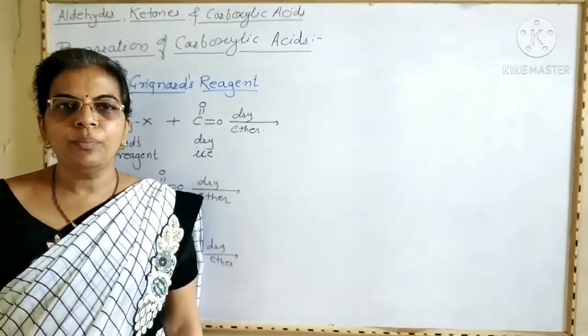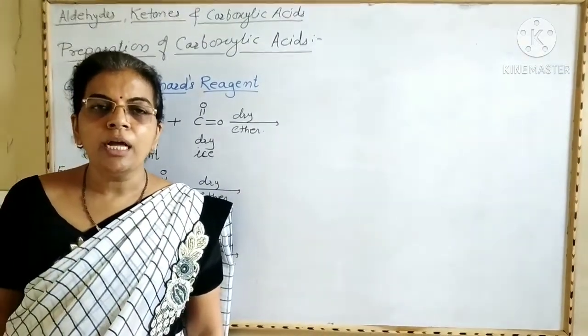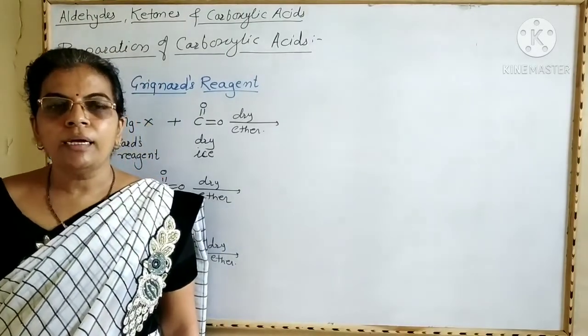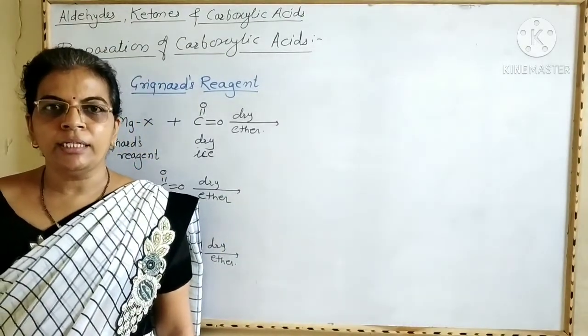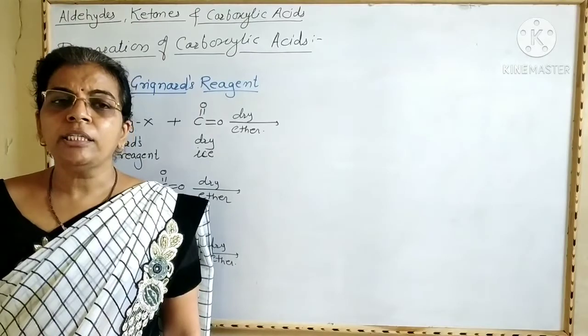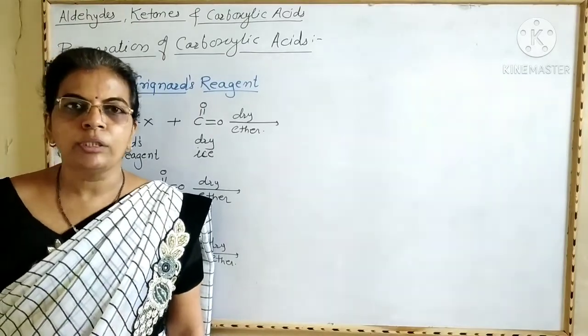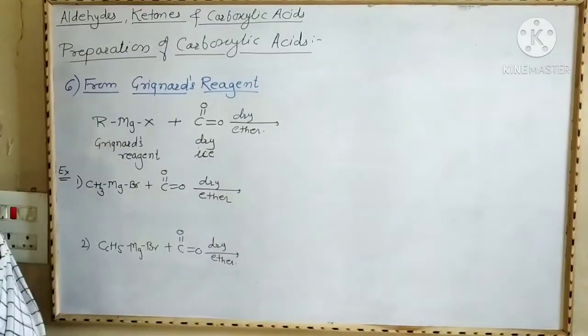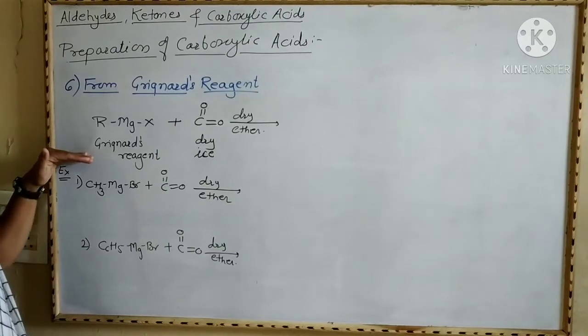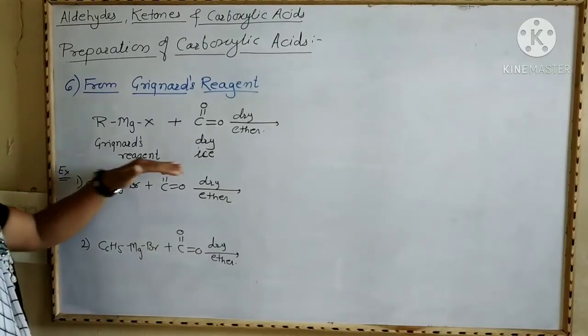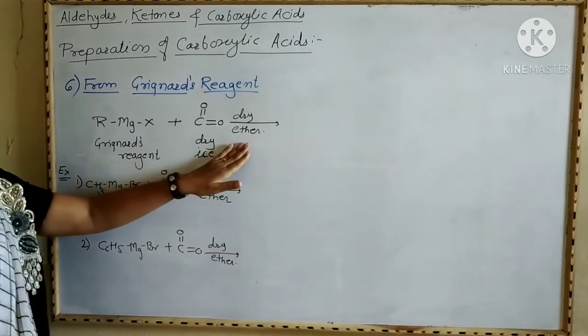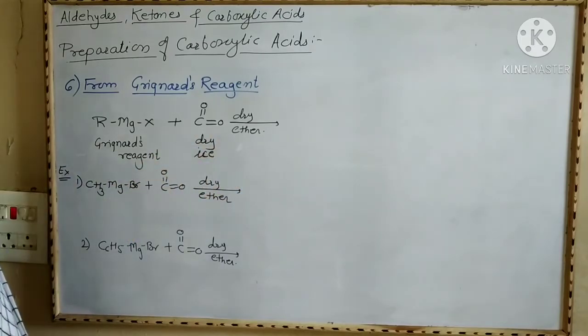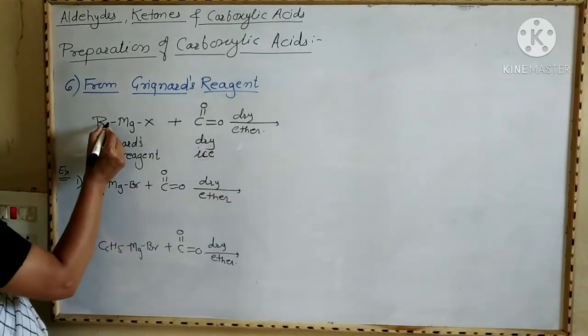Last method for the preparation of carboxylic acid is by using dry ice and Grignard's reagent. Dry ice is nothing but solid carbon dioxide, that is CO2. Now here, when this Grignard's reagent is treated with this dry ice in presence of dry ether, the reaction takes place like this.